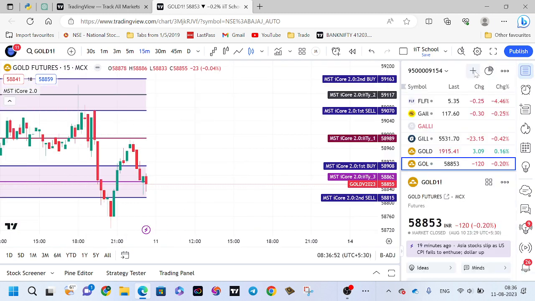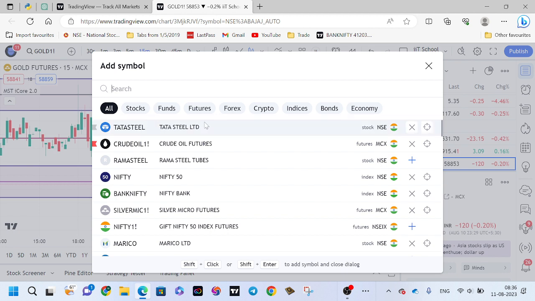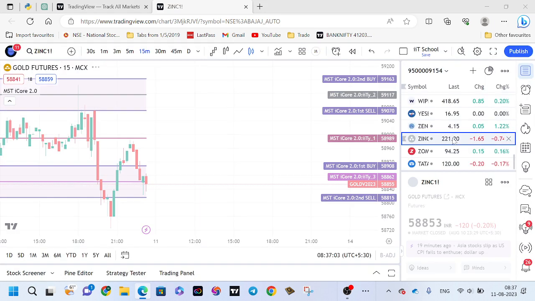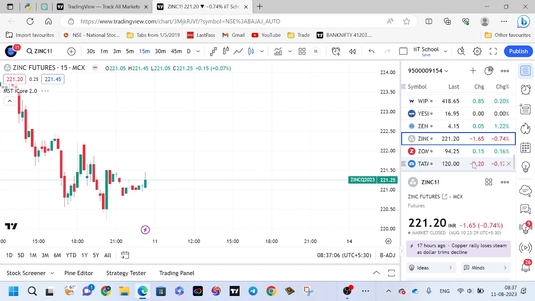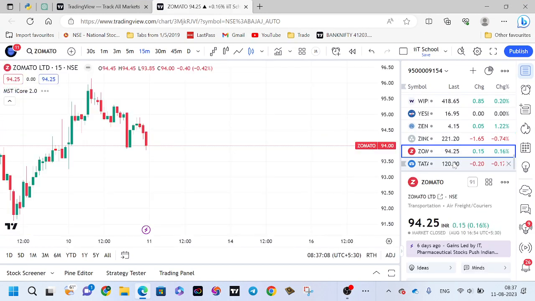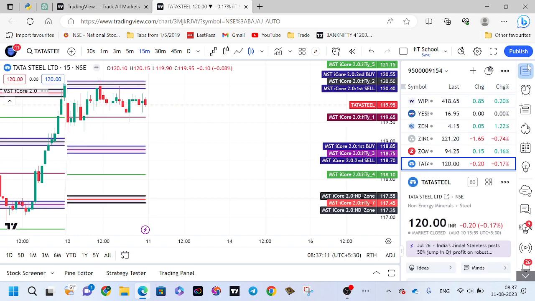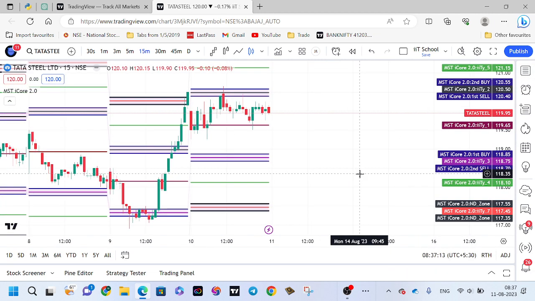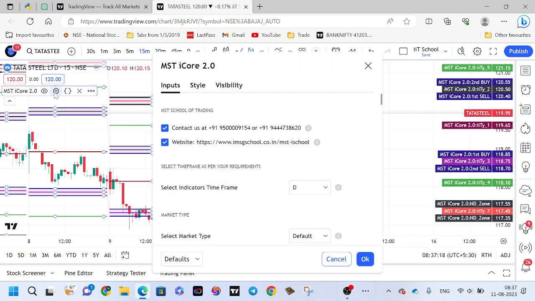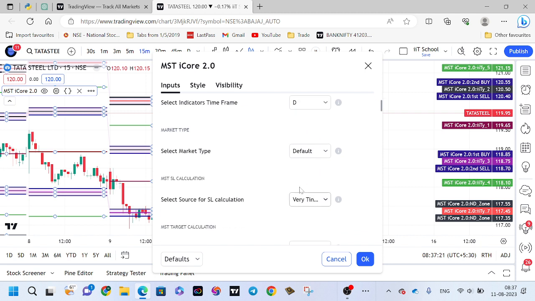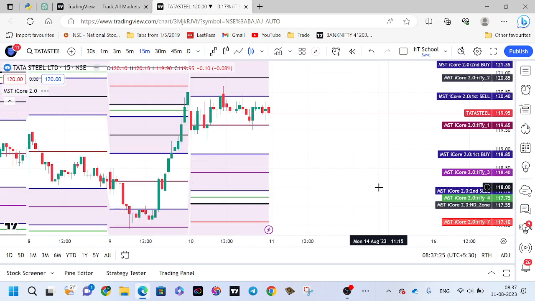And Tata Steel, actually I am interested in Tata products. Where is Tata? Here you go. This is Tata. See what happened in Tata. Since it is just a 3-digit stock, we have to keep a slightly bigger stop loss, or you can keep a normal stop loss.